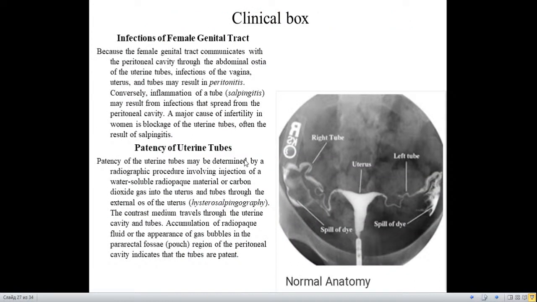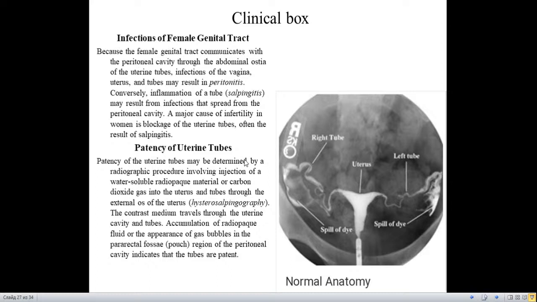And I would like to concentrate attention on clinical things. So first, one very common problem, infections of the female genital tract. First of all, there is one feature of the female organism: the abdominal cavity of females is not a closed sac. It has communications with the external environment by means of the uterine tube with abdominal openings and cavities in it, in the uterus and in the vagina.